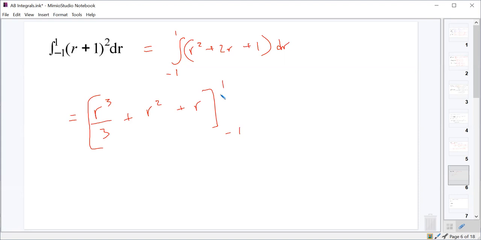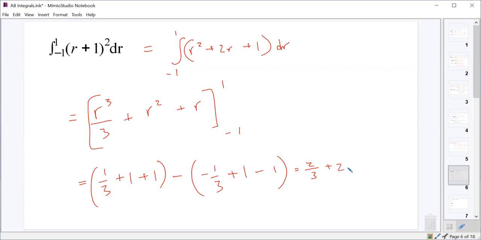From -1 to 1 gives us 1/3 plus 1 plus 1 when we plug 1 in, minus -1/3 plus 1 minus 1 when we plug in -1. So we've got 1/3 minus -1/3, 2/3. We got 2 minus 0, so 2/3 plus 2, or 8/3. Everybody good there? Cool.